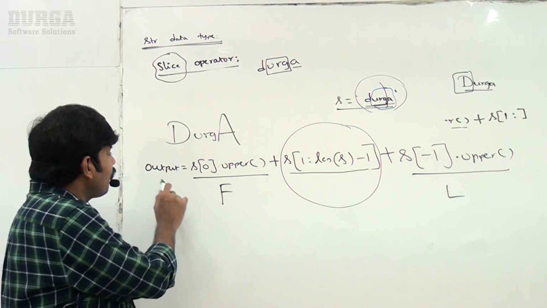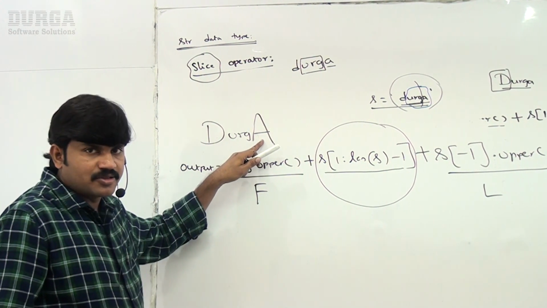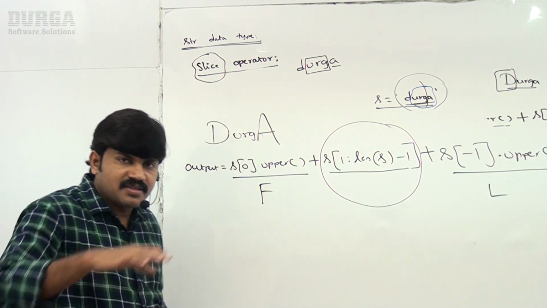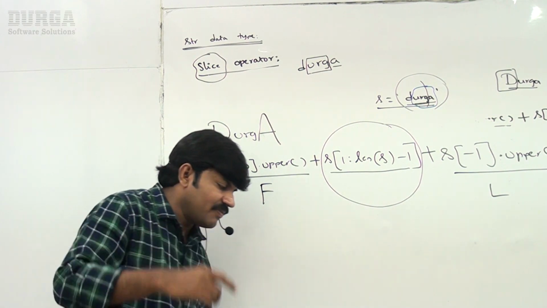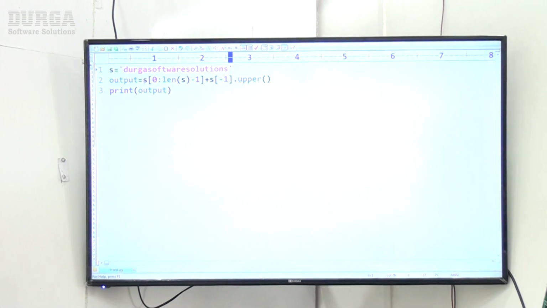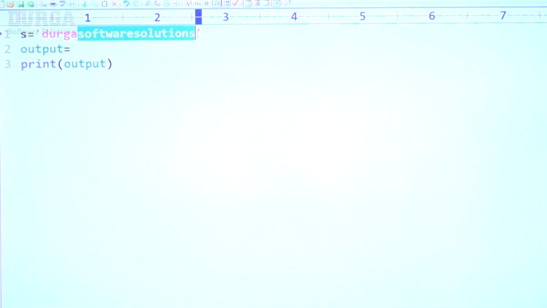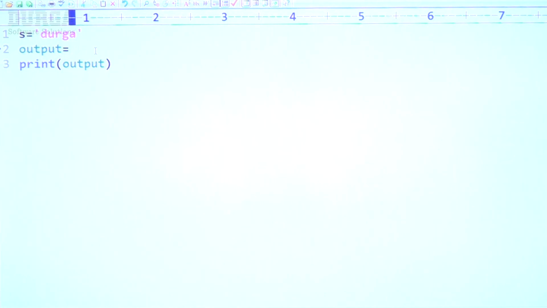Now print output. Yes, the first character is in uppercase, the last character is in uppercase, and the remaining characters are as they are. Have a look once. Here, just Durga only I am taking. First character s of 0 dot upper, converting into upper.